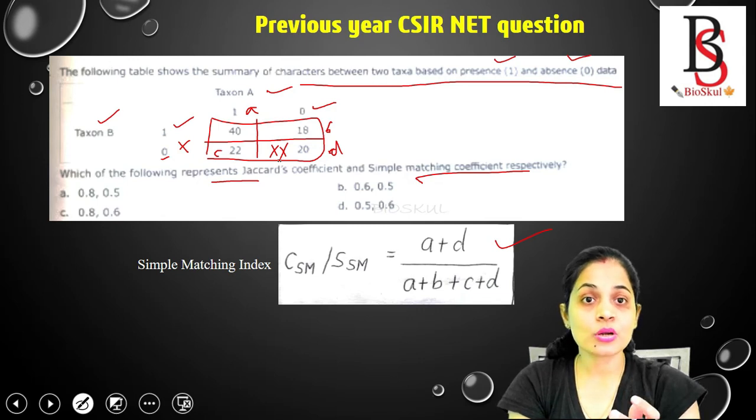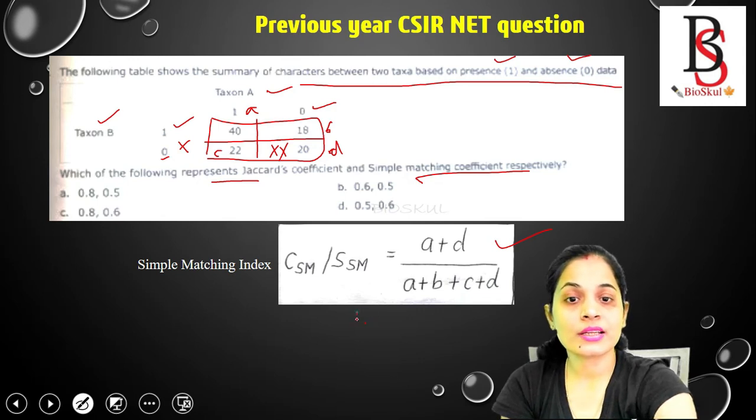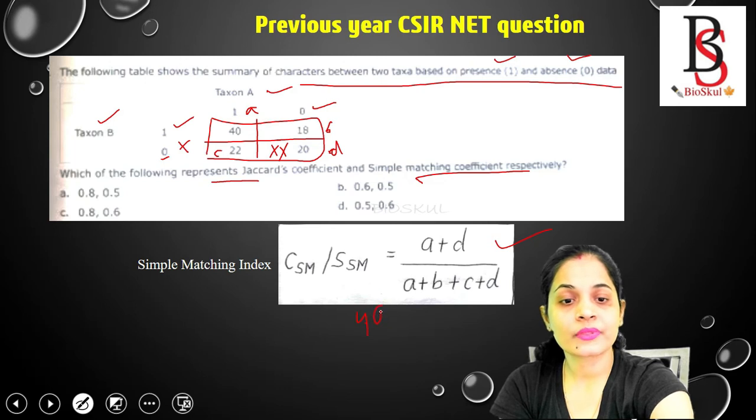Simple, we have to put in the values. A is 40 and D is 20, so 40 plus 20 divided by 40 plus B, which is 18, plus C, which is 22, plus D, which is 20.